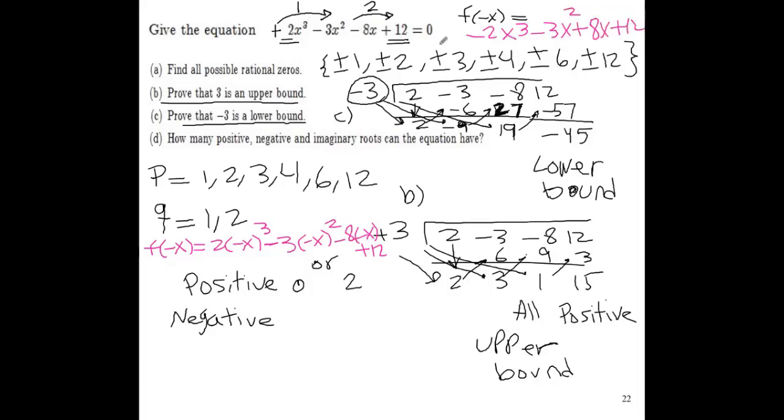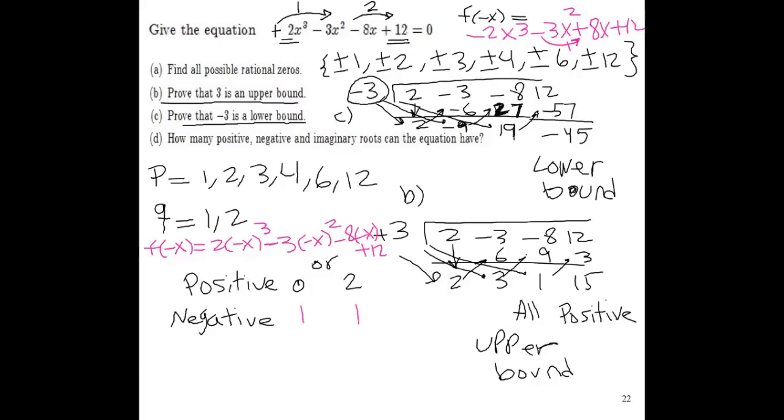So now we're going to see the change of sign. From negative to negative, it's not changing. Here's where the sign changes from negative to positive, and that's the only time, one time. So for the negative, it would be 1. We cannot go below that, so that would be just 1.